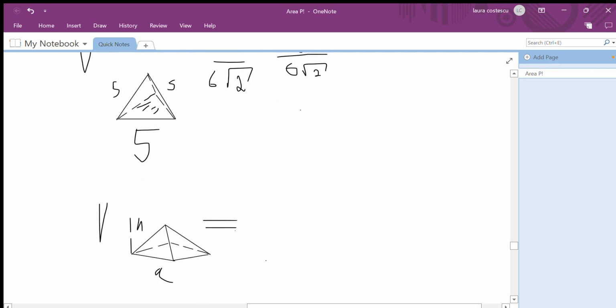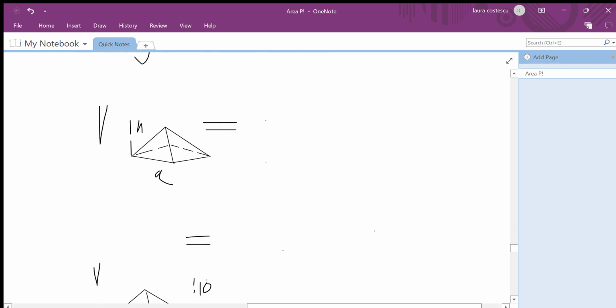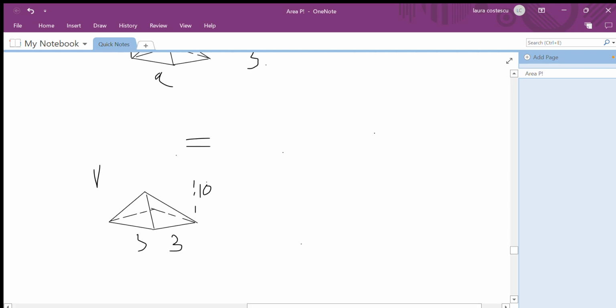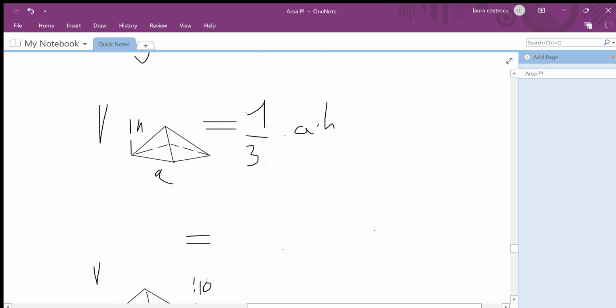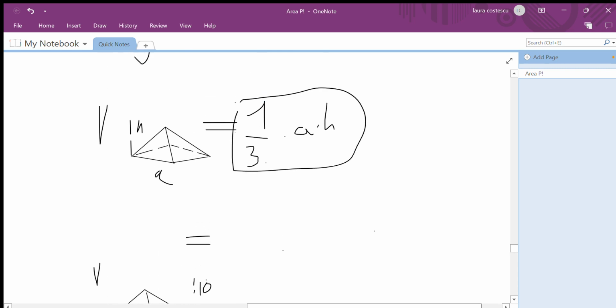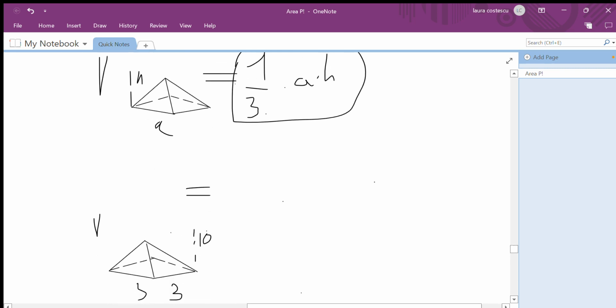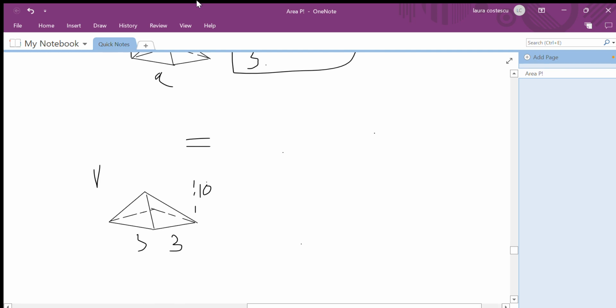What about the square pyramid? Well, this will be simple. 1 over 3 times the base, which in this case is a squared, times the height. Then, what's the volume from this shape?